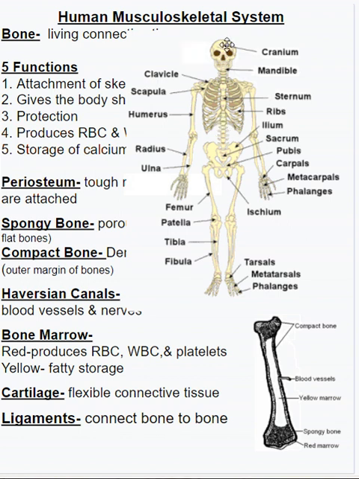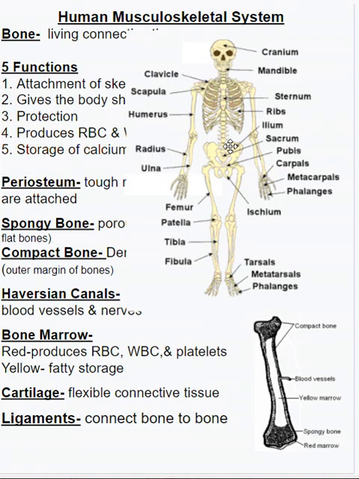So it includes the cranium, the mandible, which is your jaw, all of the ribs and the sternum, all of the vertebrae, and the sacrum, which is your tailbone, and the ilium, which are your hips. Those are part of the axial skeleton, so right down the center line.